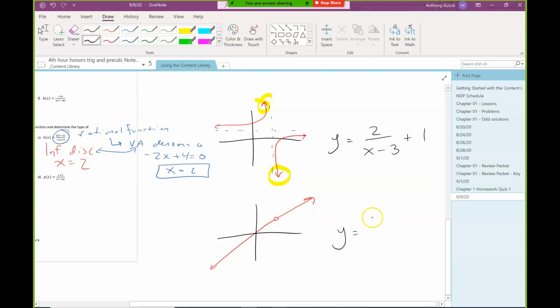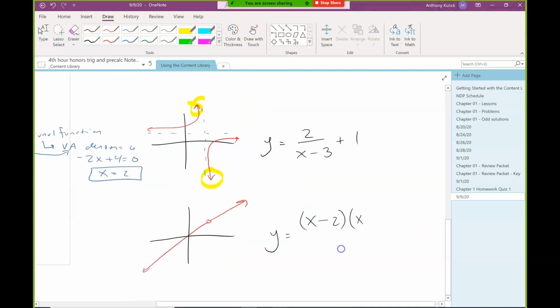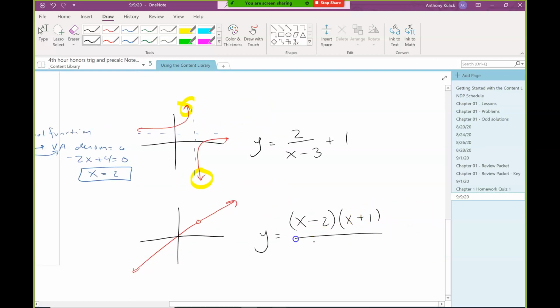A removable discontinuity is something that you could factor down to be like this, where you have one piece kind of crossing all the way out. Does that help, Isabella? Yeah.